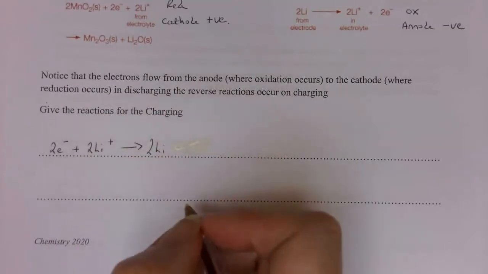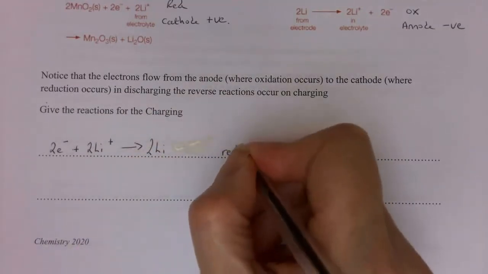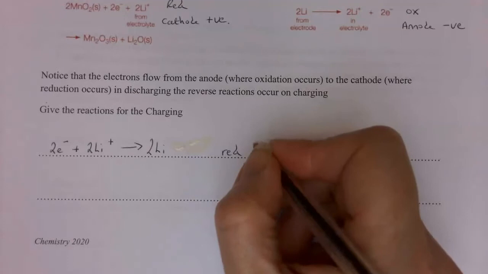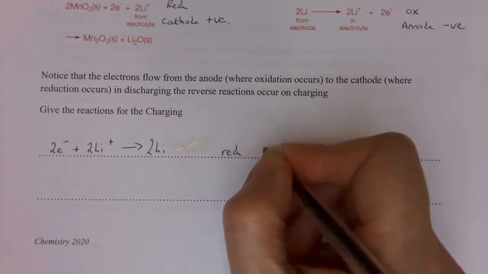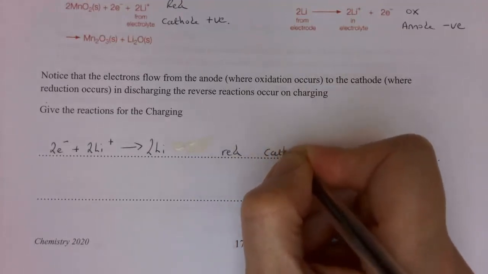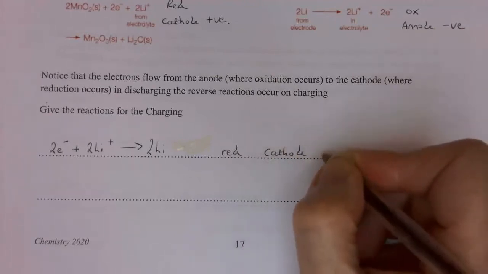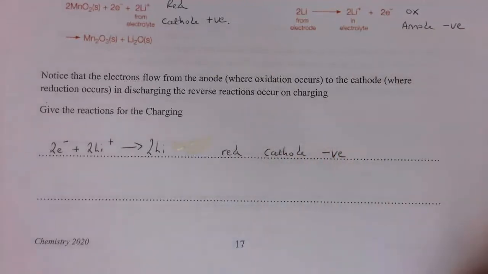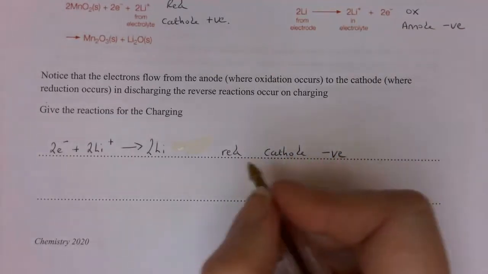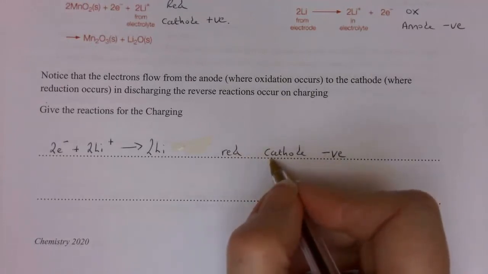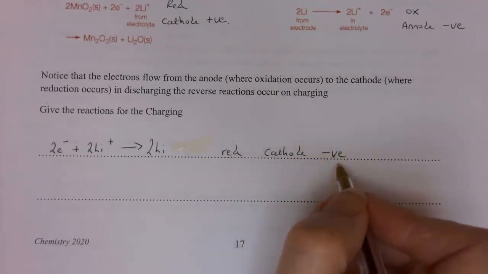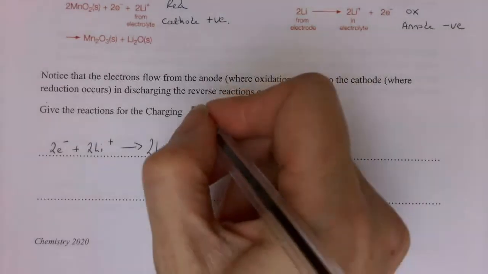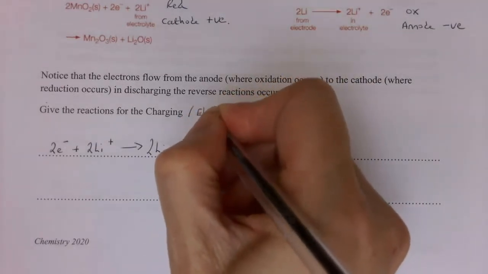So this reaction here is my reduction reaction. This time the reduction reaction again is happening at the cathode, but this time the cathode is the negative electrode. Notice reduction always occurs at the cathode regardless of the sign, but charging is very much like electrolysis.